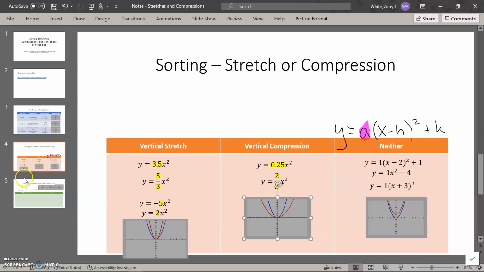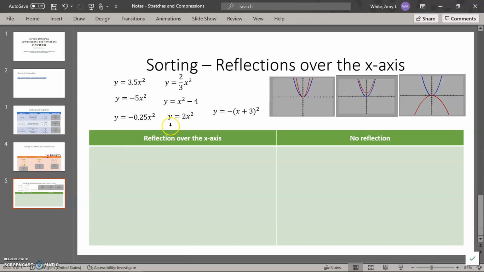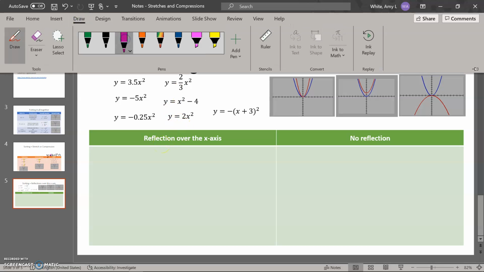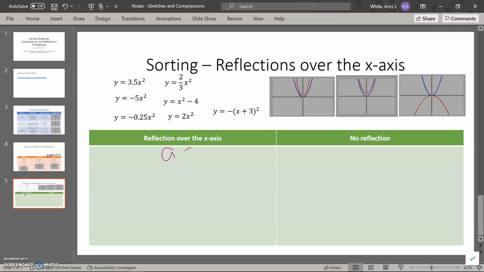Lastly, let's look at if our graphs have been reflected. All we are looking for is if it's reflected over the x-axis, then A is negative, right? So A is negative. No reflection would be A is positive, right? So let's just look. Is A going to be positive or negative in these cases? So here, A is positive.